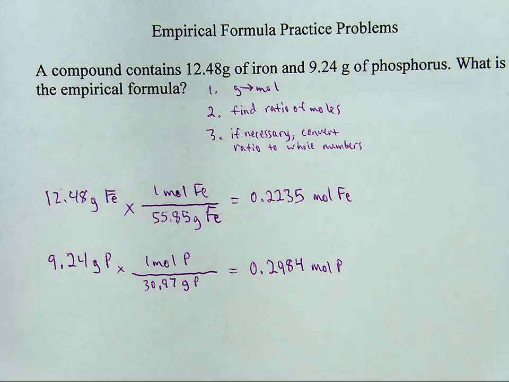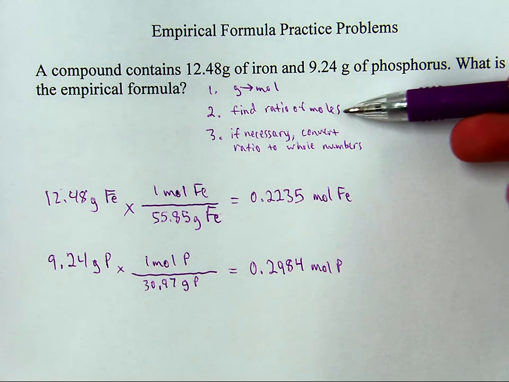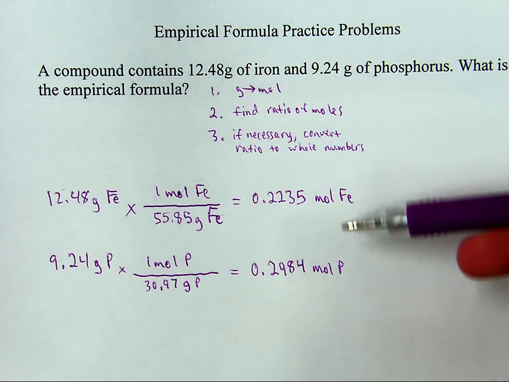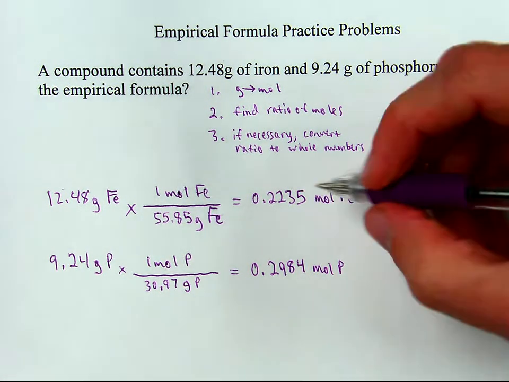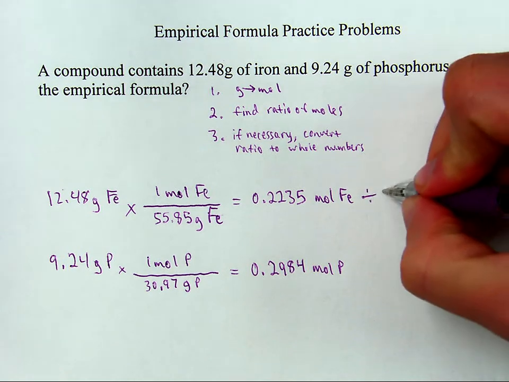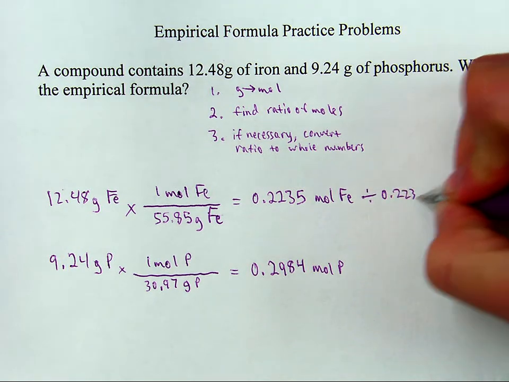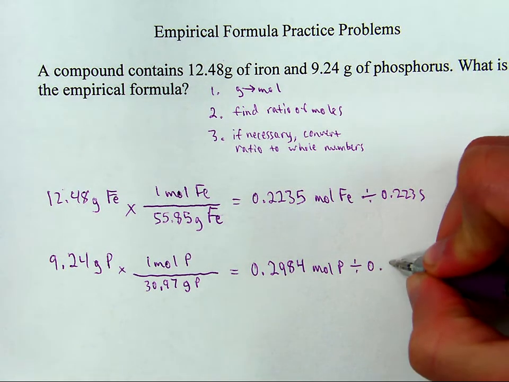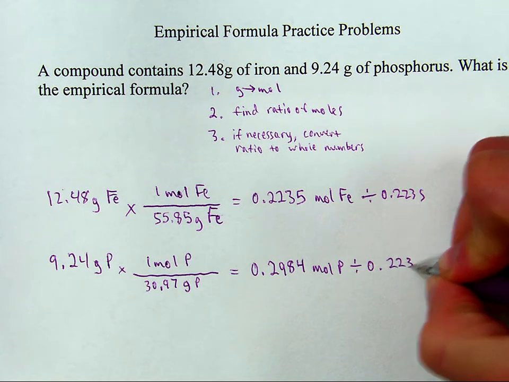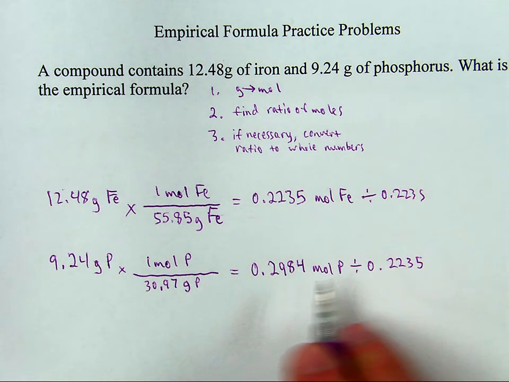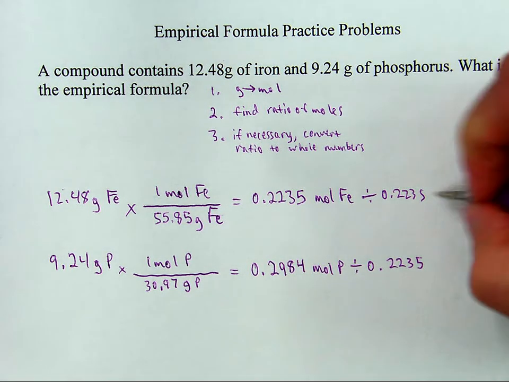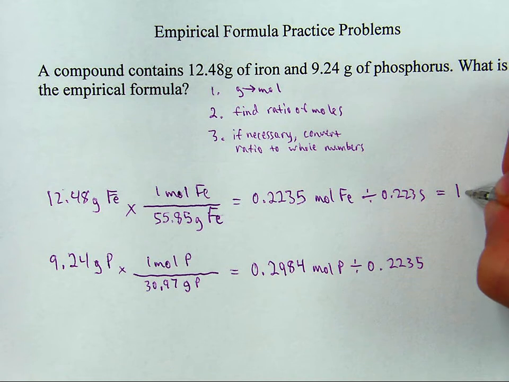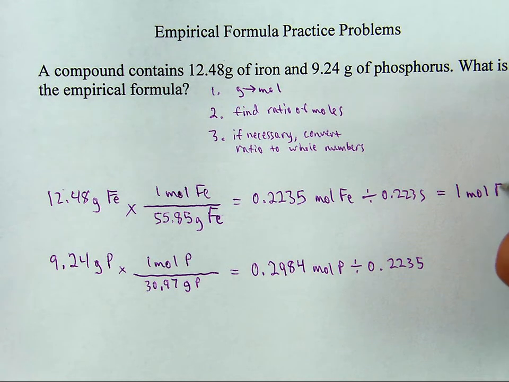Step 2, find the ratio of moles. The way you do that, divide both numbers by the smaller number. This number is smaller, so I'm going to divide both numbers by this one. So this one's getting divided by itself, which gives 1 mole of iron.